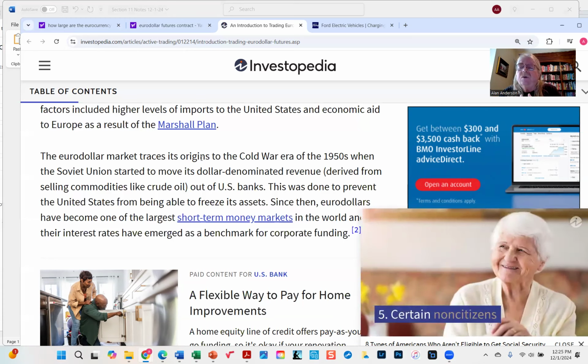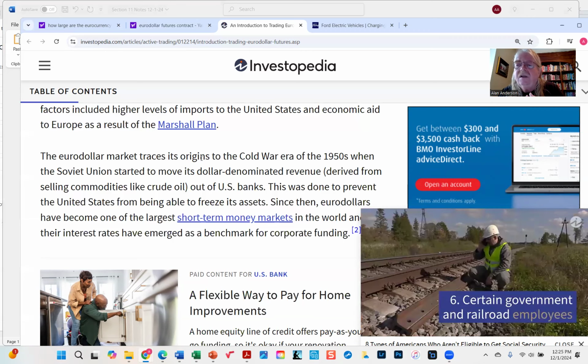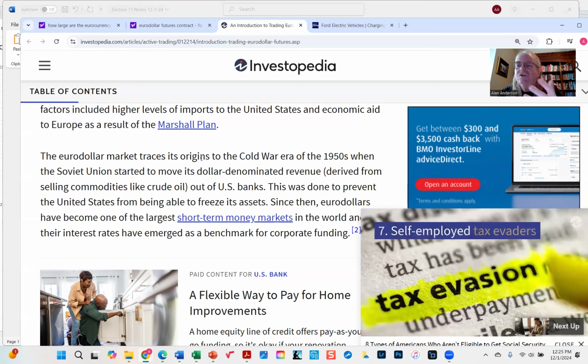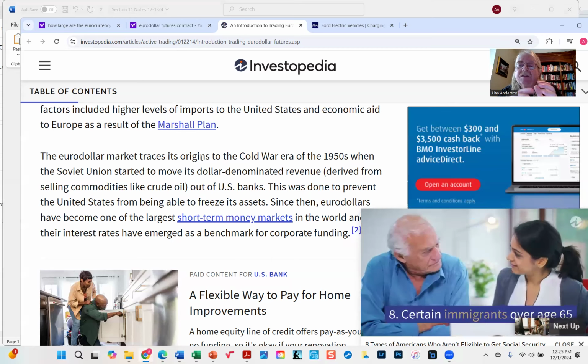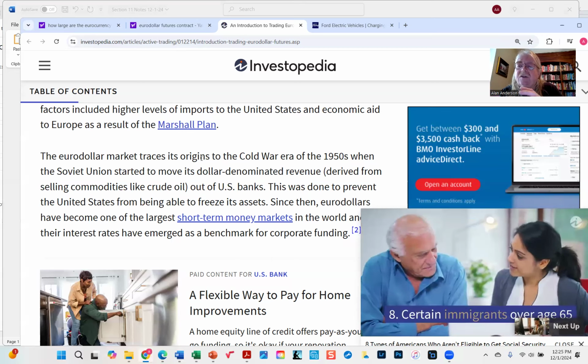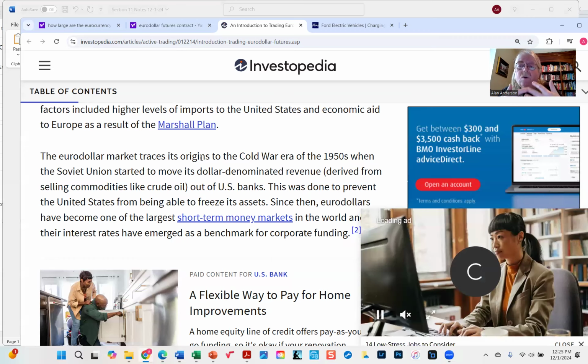And so it got to the point where he was concerned that the US government might confiscate his deposits if he went too far, let's say, by invading Europe or something. So he decided it would be safer to keep his funds in, let's say, another country, England, for example, but yet still hold dollars. He didn't want to hold pounds. He wanted to hold dollars.